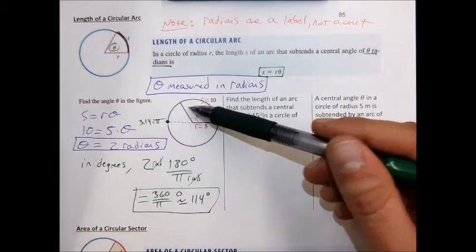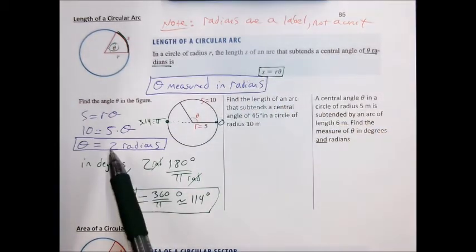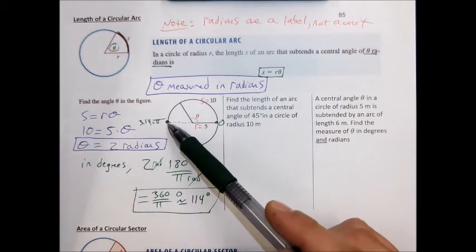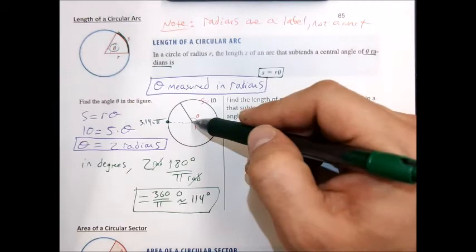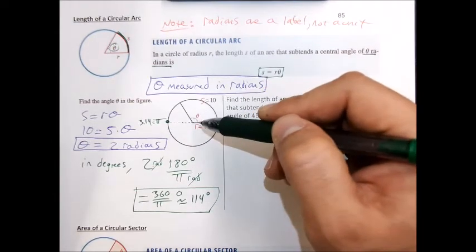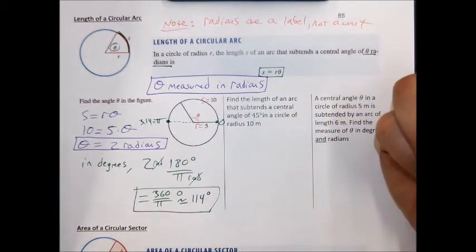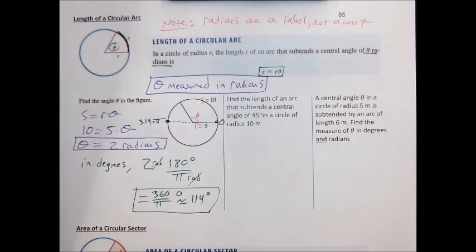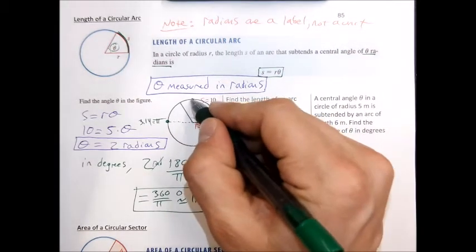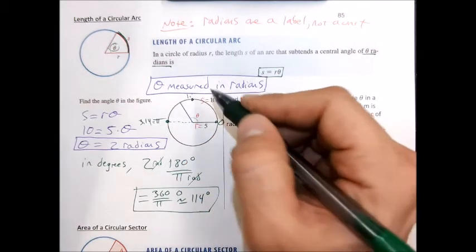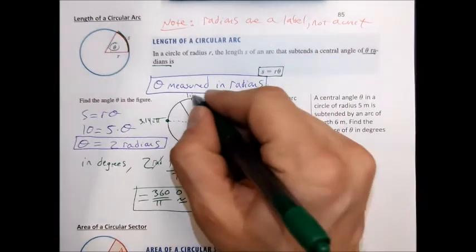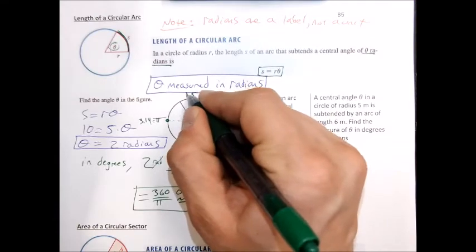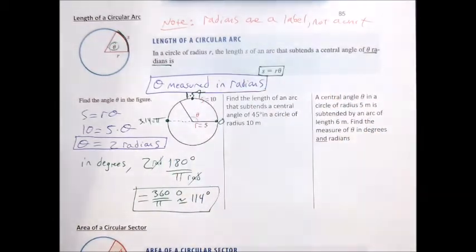And so this picture makes sense because 2 radians is less than 3.14, but it's also bigger than pi over 2. Pi over 2 would be half of 3.14, which is 1.57, I guess.